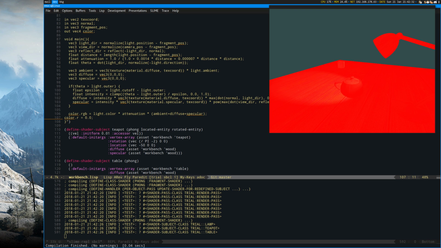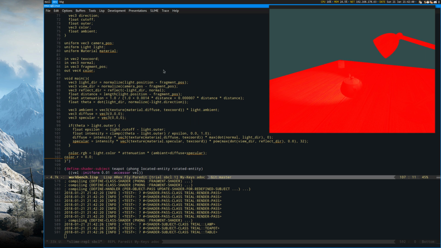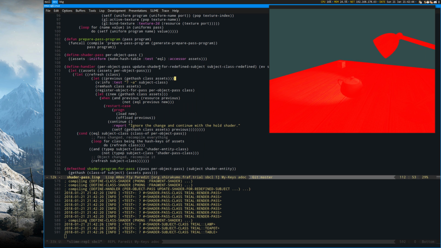The lamp, teapot, and table get the event about it being updated. You know that's not the root of the change. Then what happens?